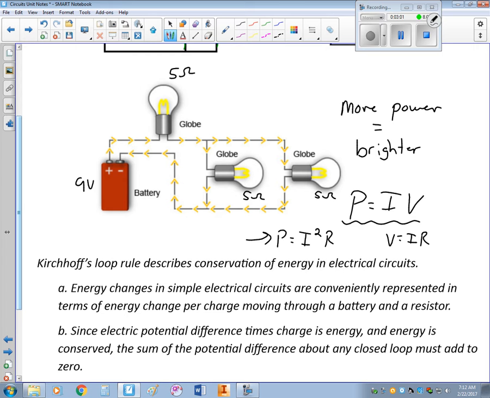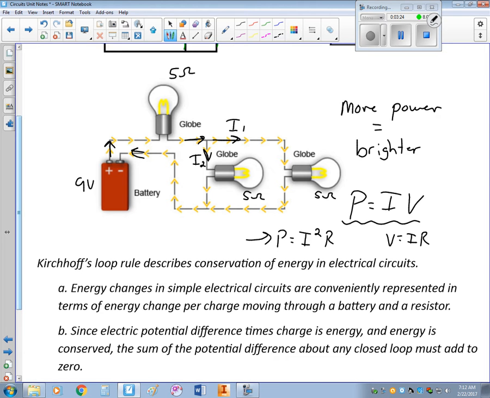We know that each one has the same resistance, so really it's going to come down to which one gets the greater current. And if you think about it, the amount of current that leaves the battery must return to the battery. But when current reaches a junction, it splits up into smaller parts.